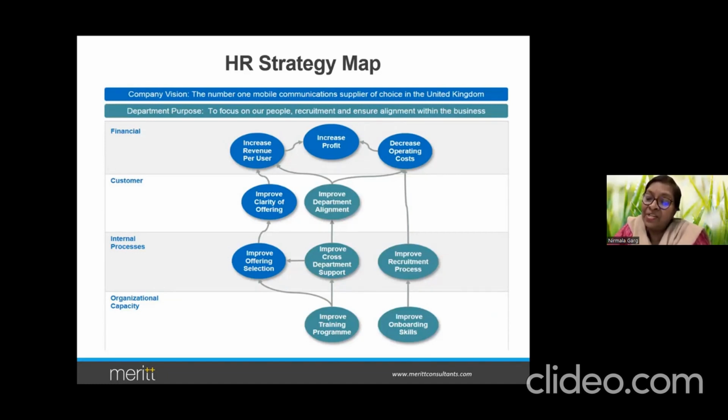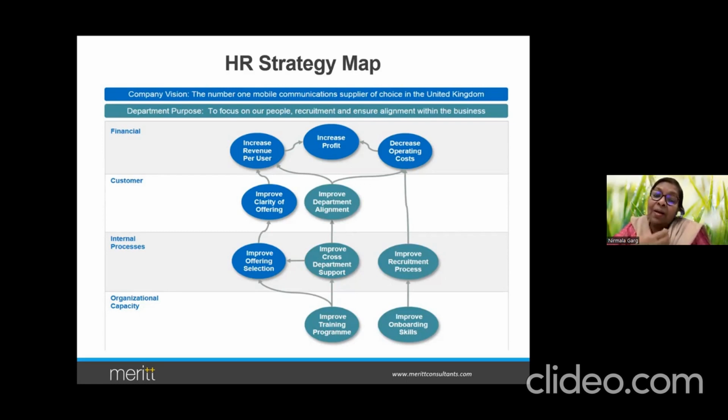For example, I have an HR strategy developed, to ensure that I have the right kind of people at the right time with the right competencies, without any delay, so that the business is able to achieve its goals. Now, how will I do that?